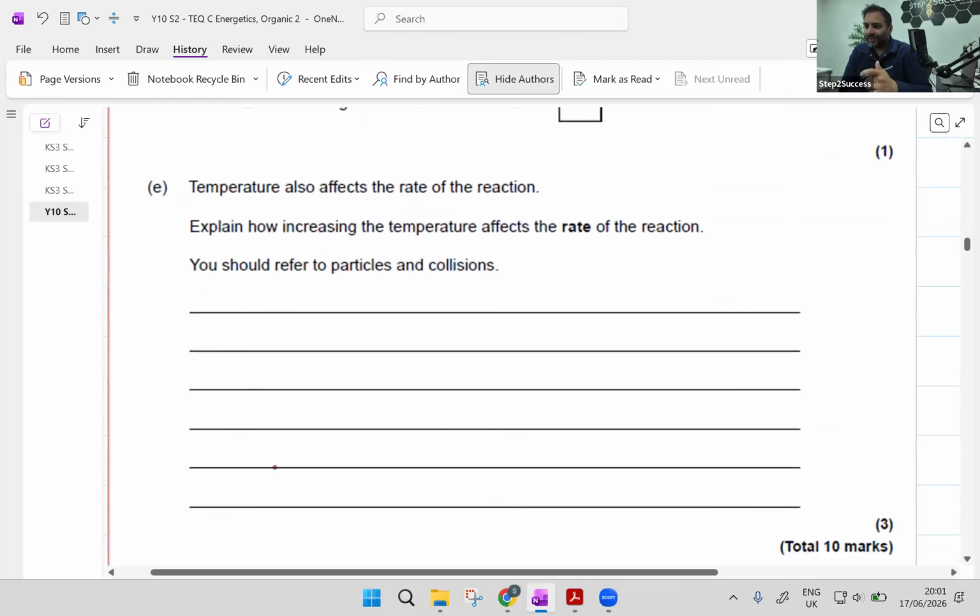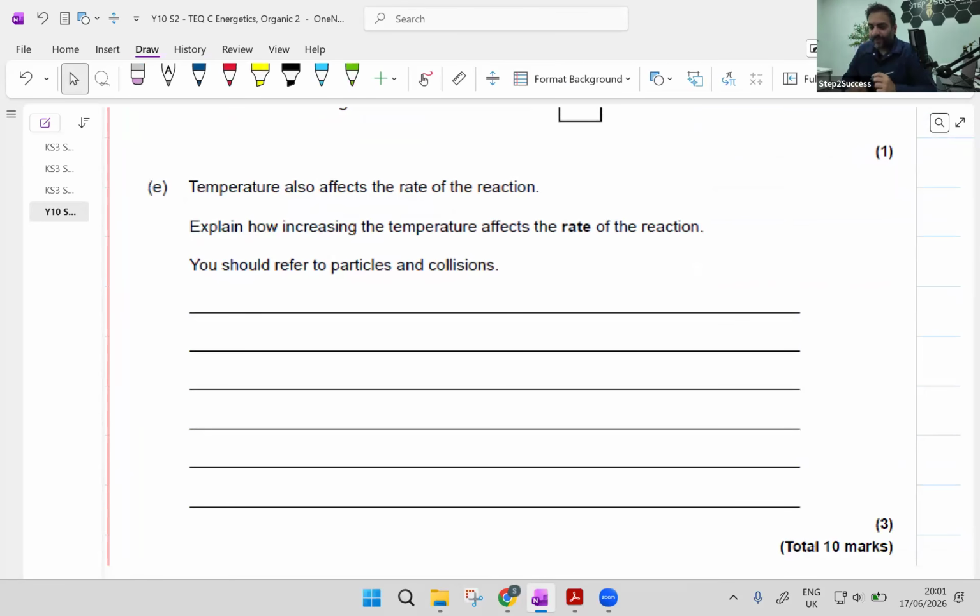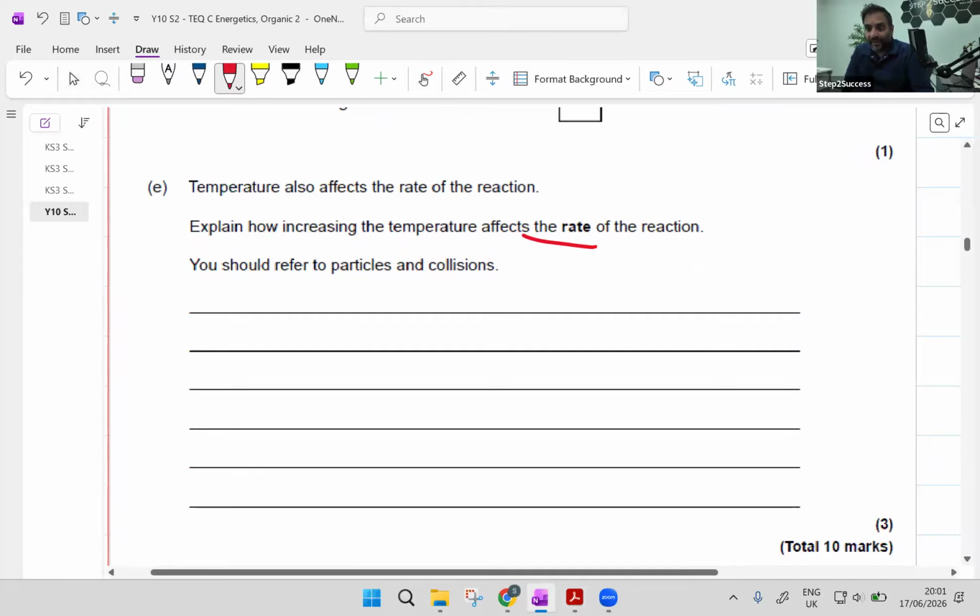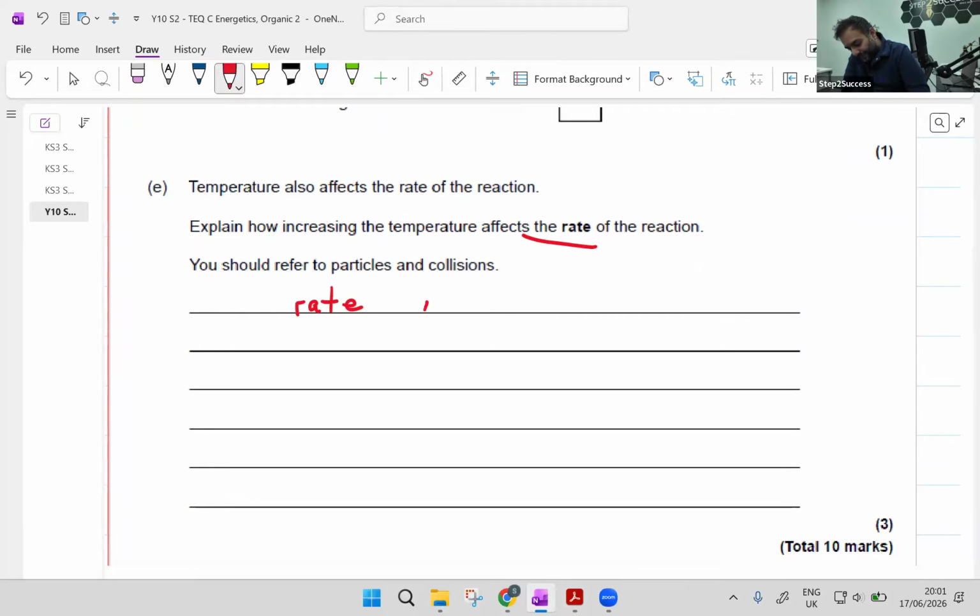This is a very important question to be able to do, which is how does temperature increase the rate of a chemical reaction? Generally, people have an idea about how to answer this, but they might not do it perfectly. So you want to say, firstly, how does temperature affect the rate of the reaction? You want to explain that the rate increases. Rate means how quickly it happens. But why does it increase?